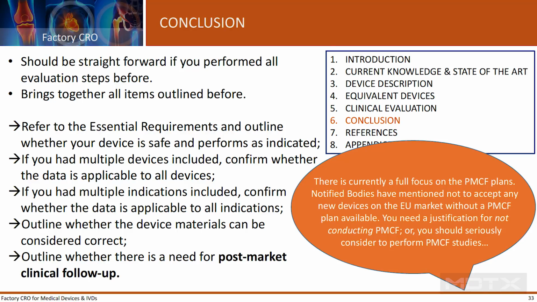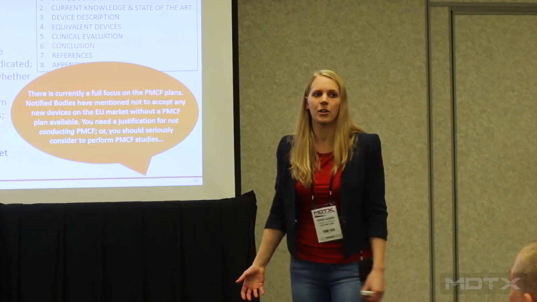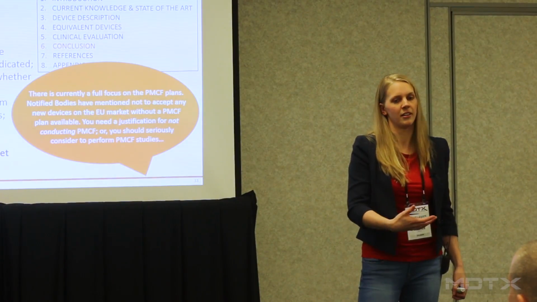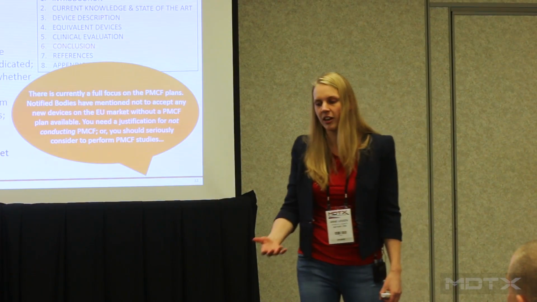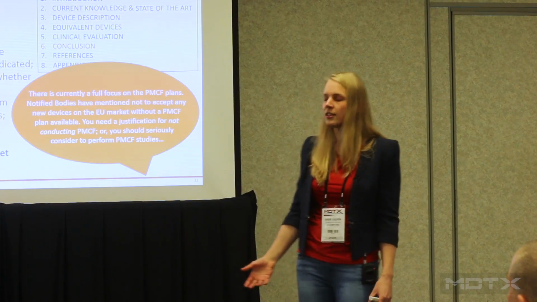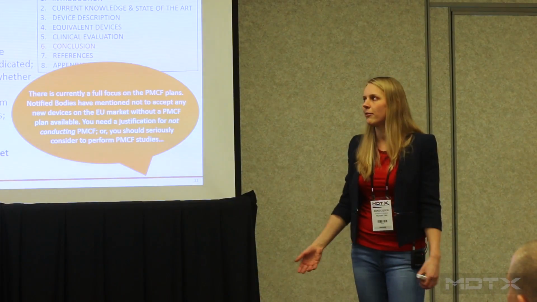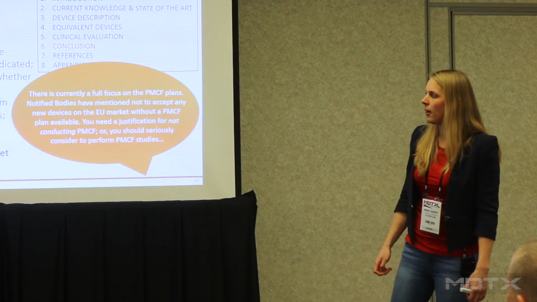And the conclusion should be a straightforward step if you have performed all your steps before. It brings all the items together. It has to refer to these three essential requirements. If you have multiple devices in your clinical evaluation, do outline here again whether you think the data is acceptable, whether there is not enough clinical evidence for all these devices, for all these indications that are part of your evaluation.